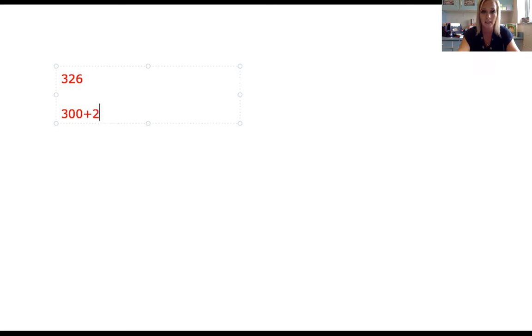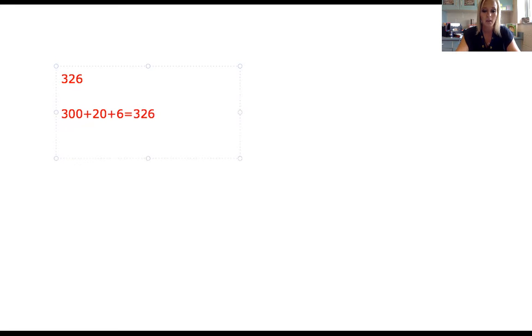So that's what I need to type here. And now that left me with the ones, and the ones is just single ones. So I put 6. Now if I add this number together, 300 plus 20 plus 6, my answer would be 326.